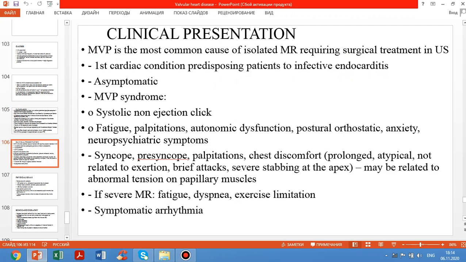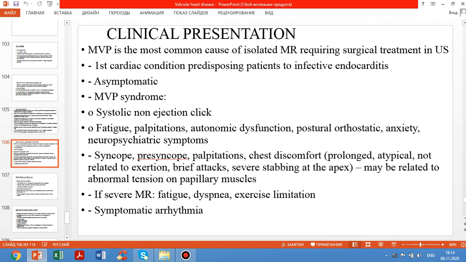Clinical presentation. Mitral valve prolapse is the most common cause of isolated mitral regurgitation requiring surgical treatment in the United States. It is a cardiac condition predisposing patients to infective endocarditis.